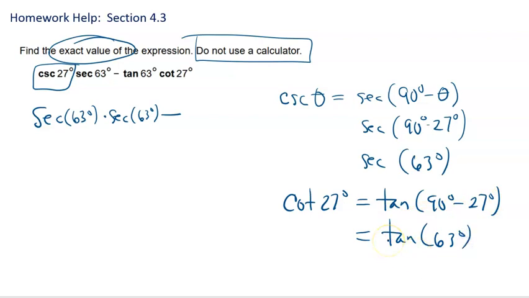Now I'm going to substitute. I already have tangent of 63, and I'm removing cotangent of 27 because I found out it's also tangent of 63 degrees. Now for space purposes, I'm going to erase all this work to the right.